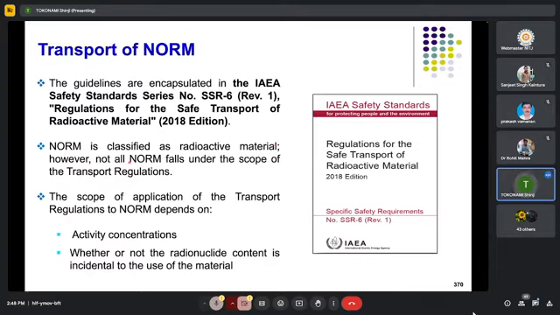However, not all NORM falls under the scope of the transport regulations. The scope of application of the transport regulations to NORM depends on activity concentrations and whether or not the radionuclide content is incidental to the use of the material.